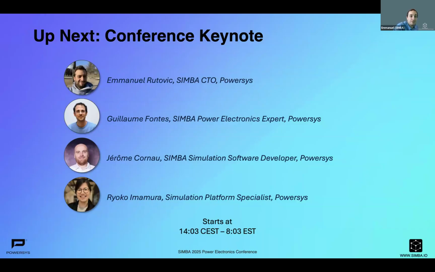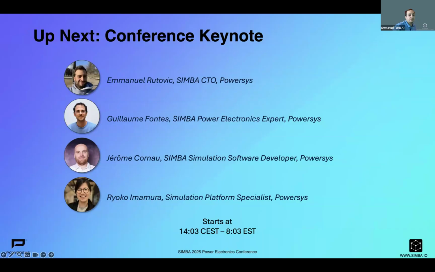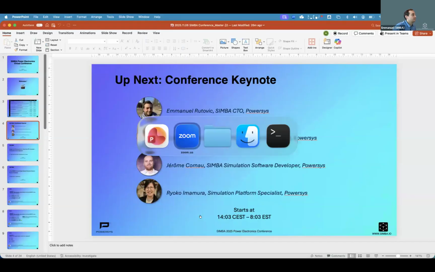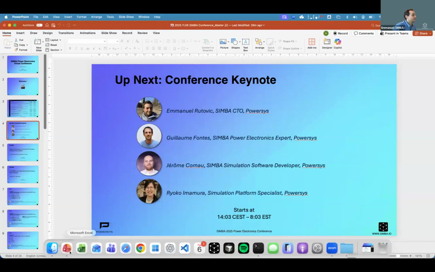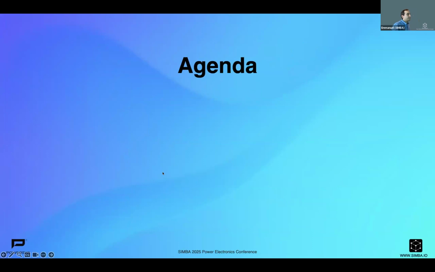So the SIMBA team and myself have a lot of things to show you today. Let's get started. We have three main things that we would like to announce today.